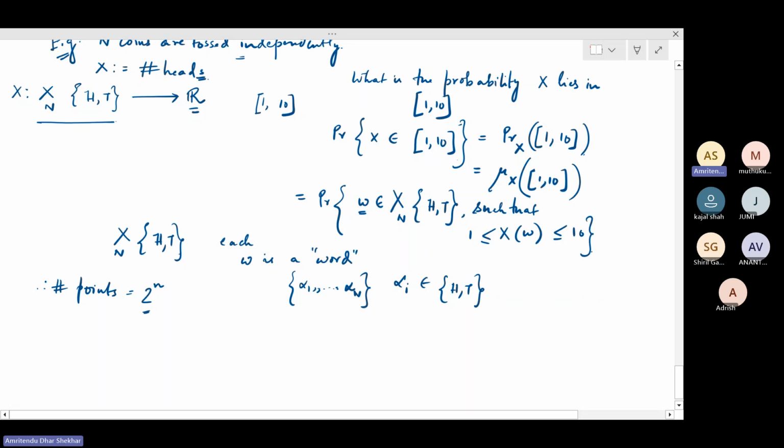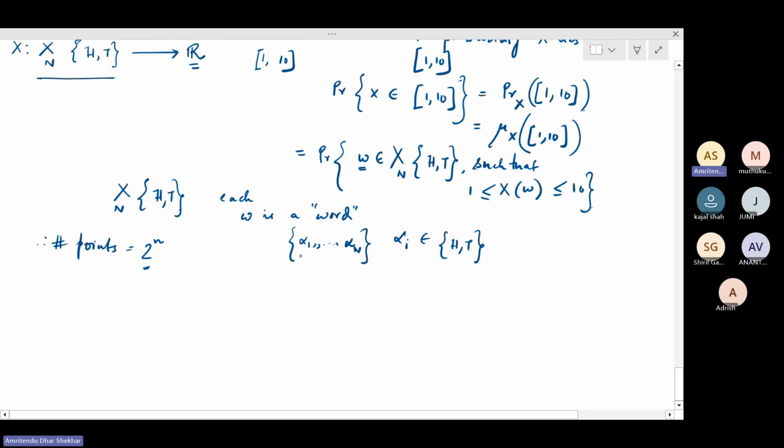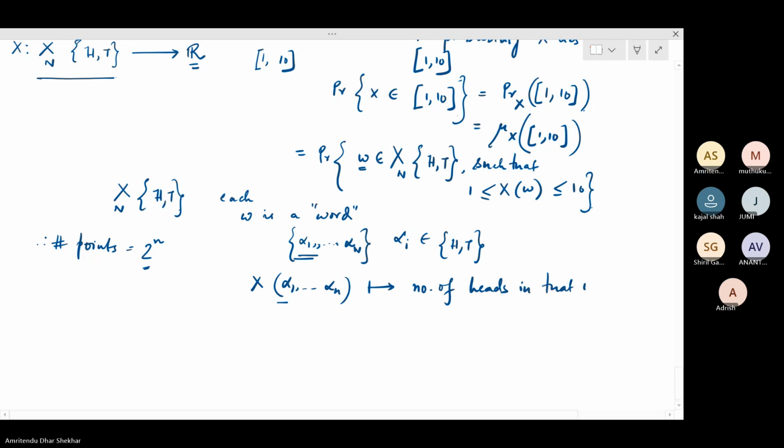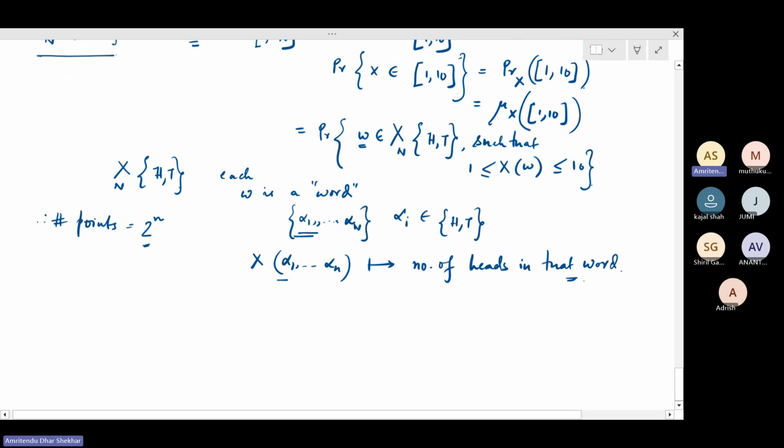And for each point, when I say a point, I mean a word in this case, you have a map X which operates on this word and assigns it the number of heads in that word. So this is the actual random variable at work over here.